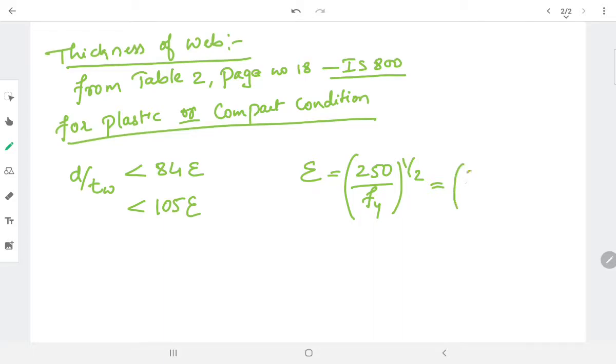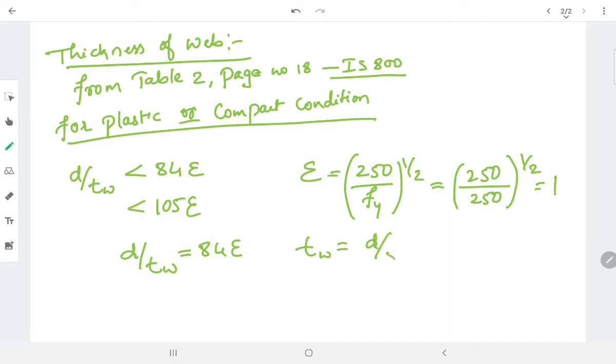Here fy we have assumed as 250 only, so the answer will be 1. d by tw equals 84 epsilon, so tw equals d divided by 84 epsilon, which is depth of the web 1300, that is d, divided by 84, epsilon is 1. So you'll get around 15.47. This is the thickness of the web.